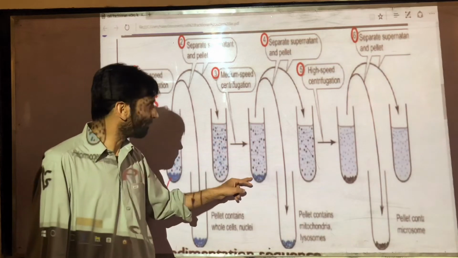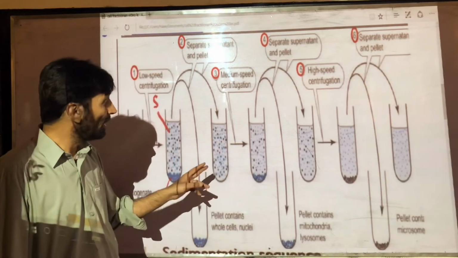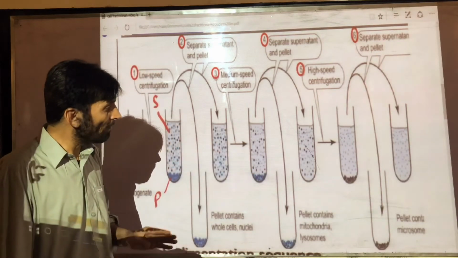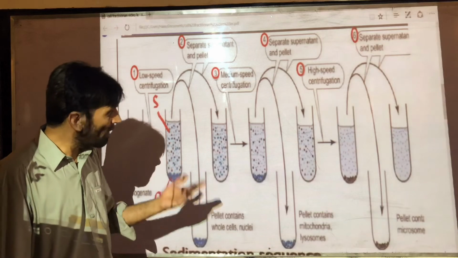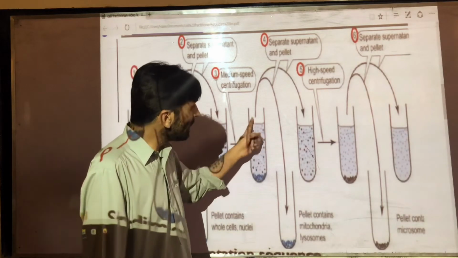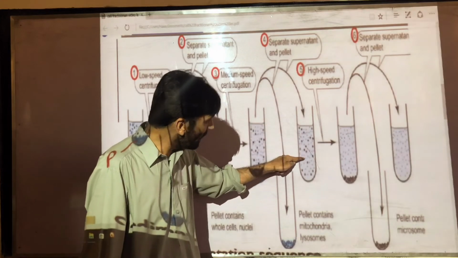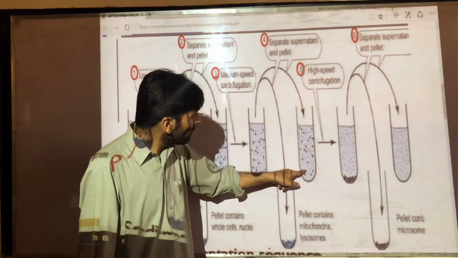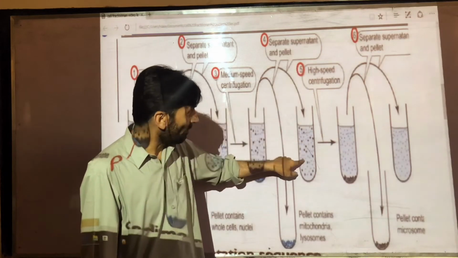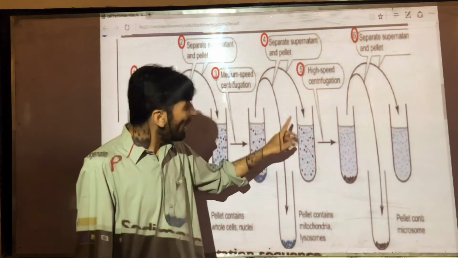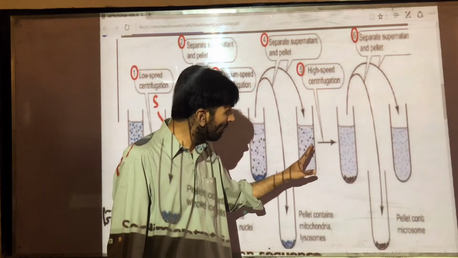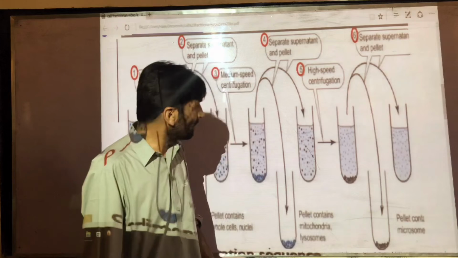lysosomes, etc. And if we further want to continue the process for the separation of even smaller particles, then we will shift the supernatant into another tube and again centrifuge this tube at high speed this time, because high speed is required for the centrifugation of smaller particles.